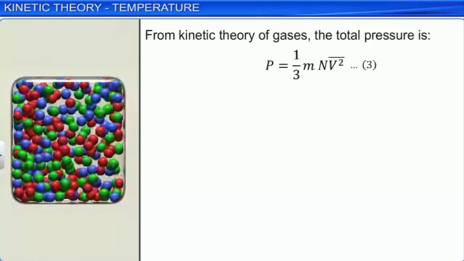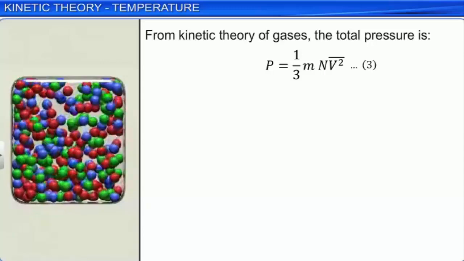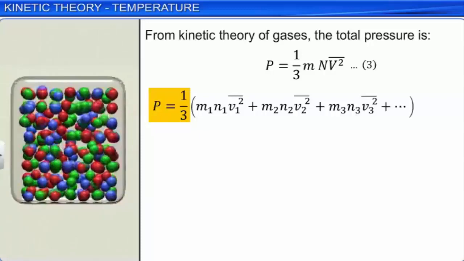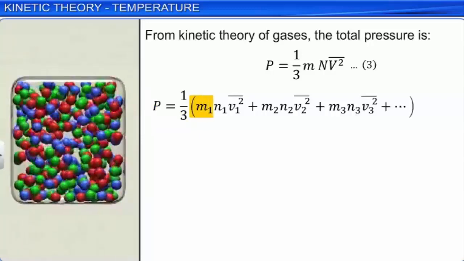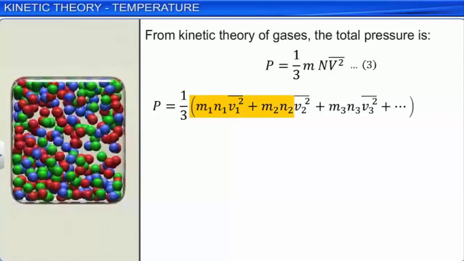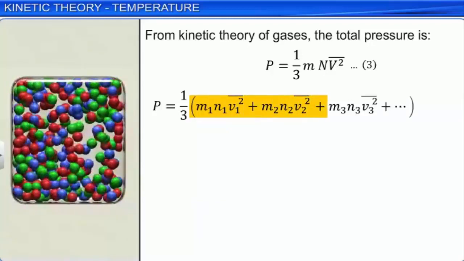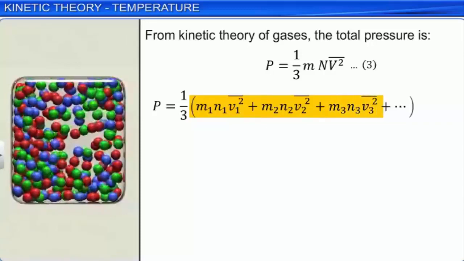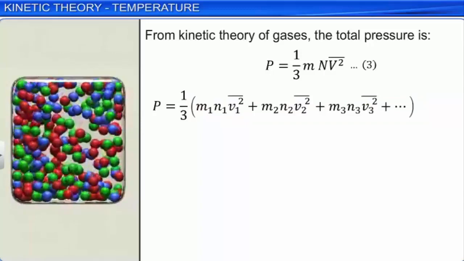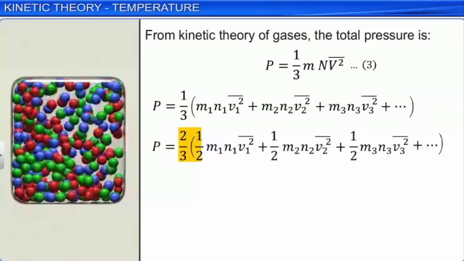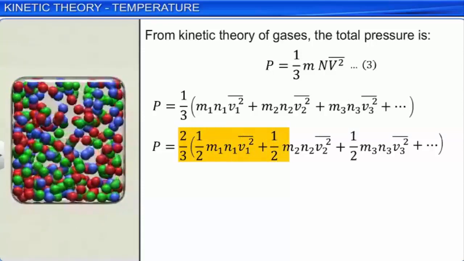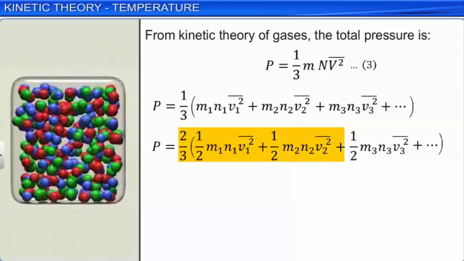When applied for the mixture of the gas, P is equal to 1 by 3 multiplied by m1 n1 v1 square bar plus m2 n2 v2 square bar plus m3 n3 v3 square bar and so on, which can also be written as 2 by 3 multiplied by half m1 n1 v1 square bar plus half m2 n2 v2 square bar plus half m3 n3 v3 square bar.